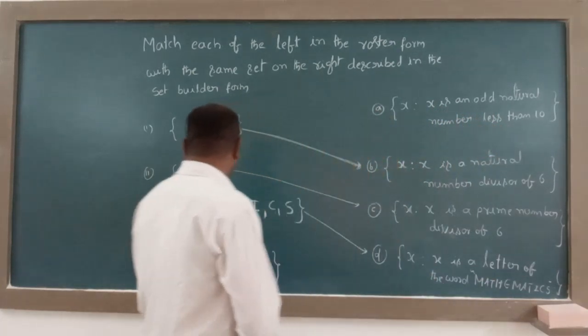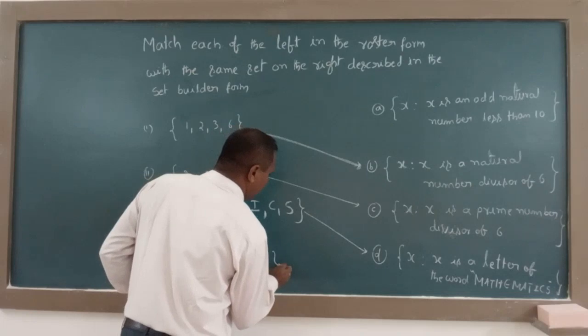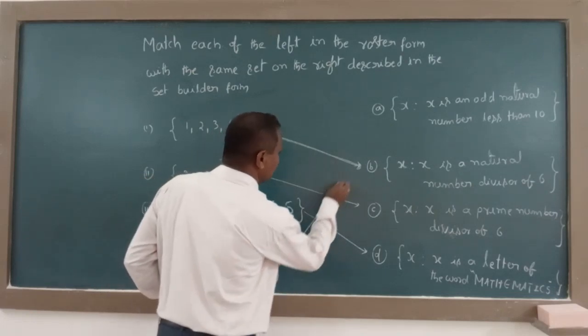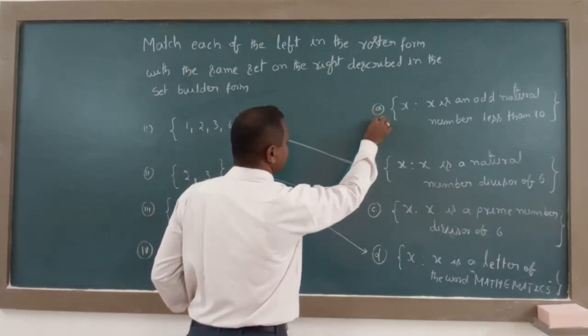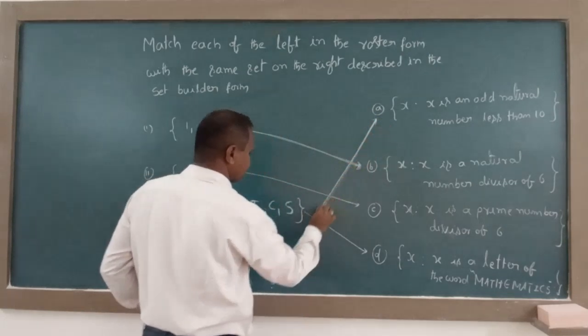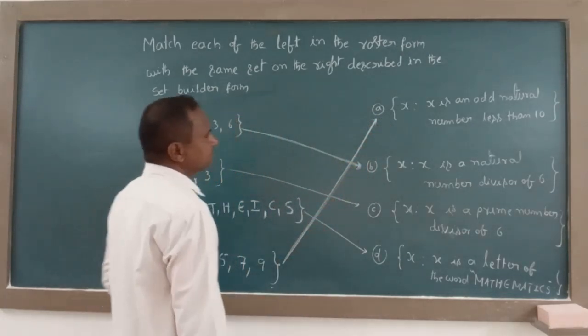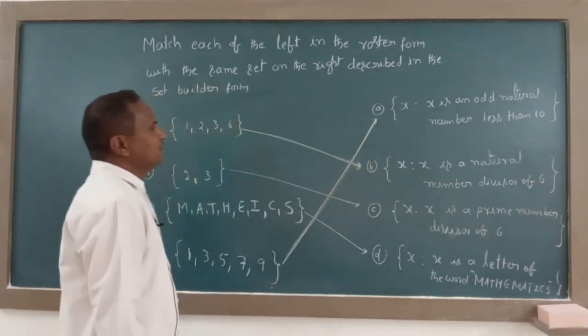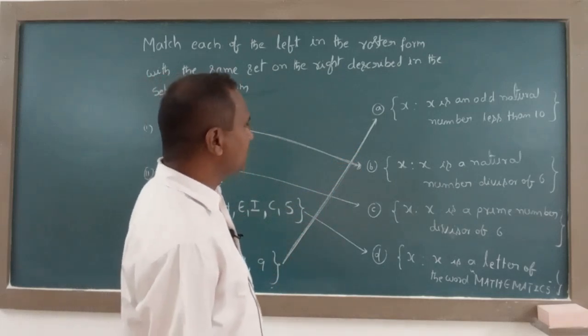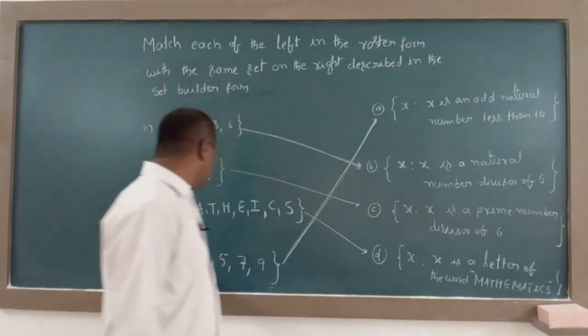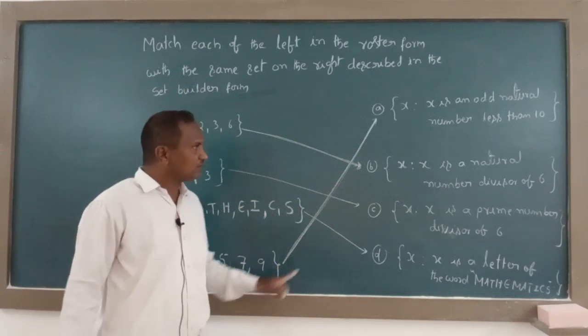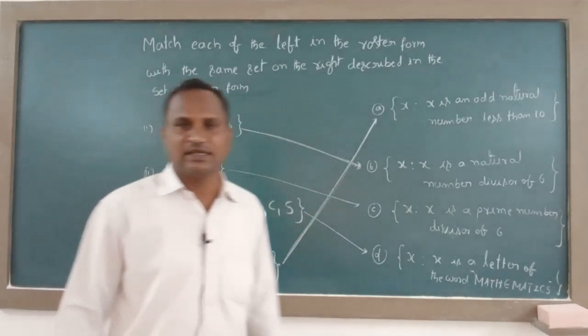That's why the last, fourth one is mapped with the first, A. So 1, 3, 5, 7, 9 is mapped with A.